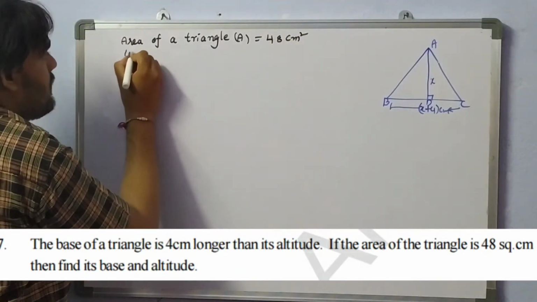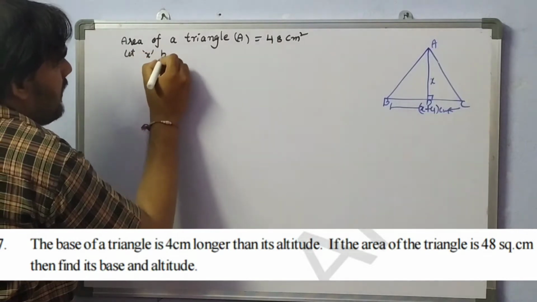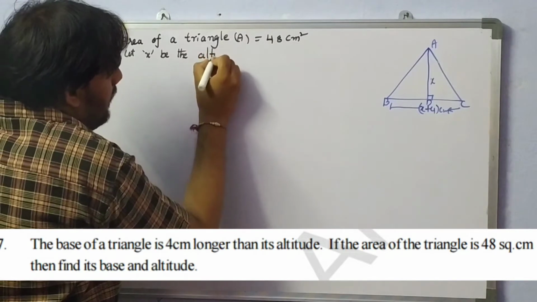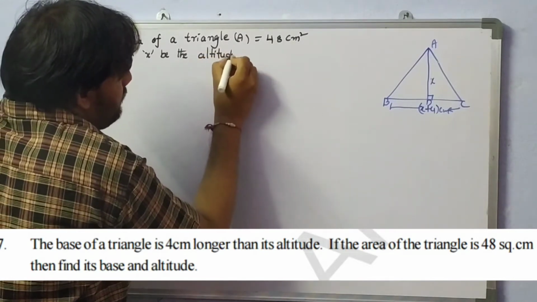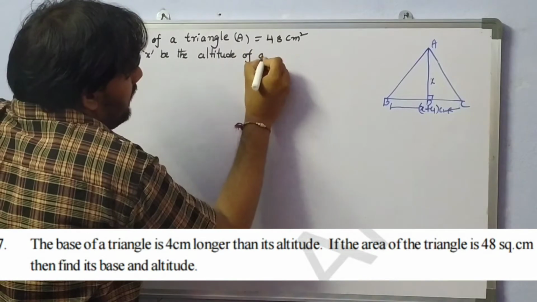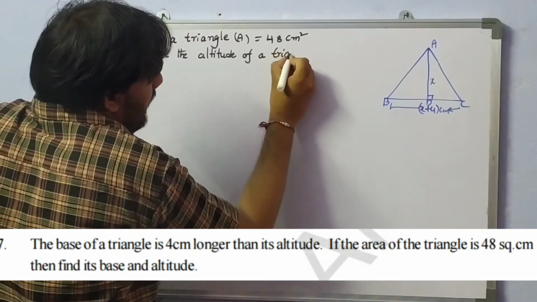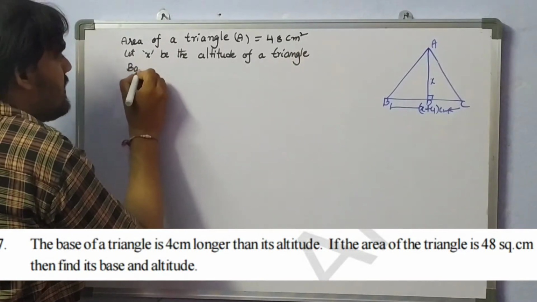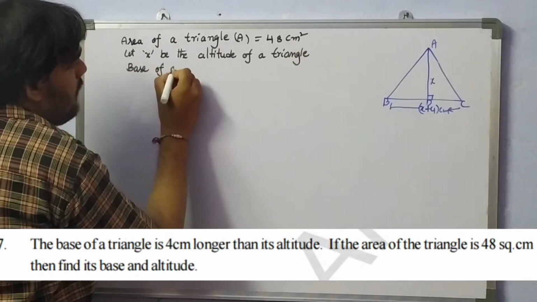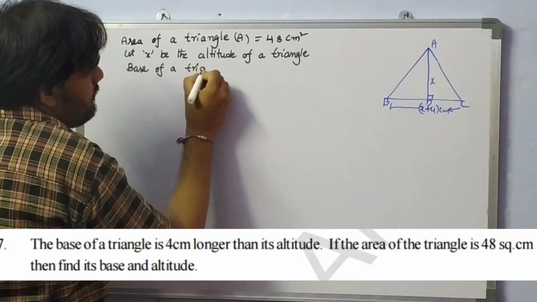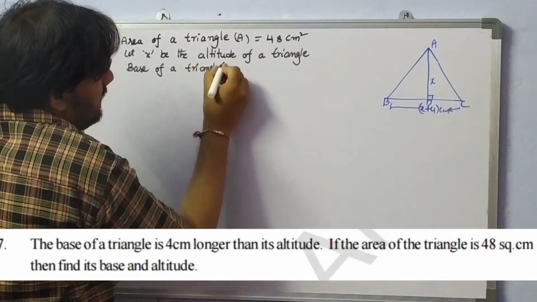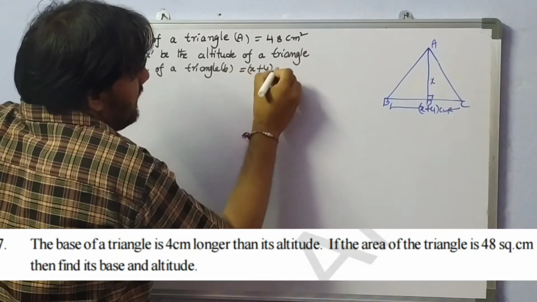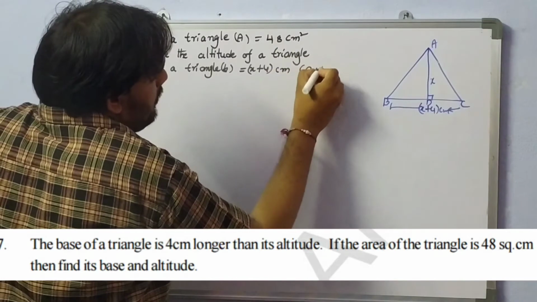Now let x be the altitude of a triangle. Then the base of a triangle B is equal to x plus 4 centimeters according to the problem.